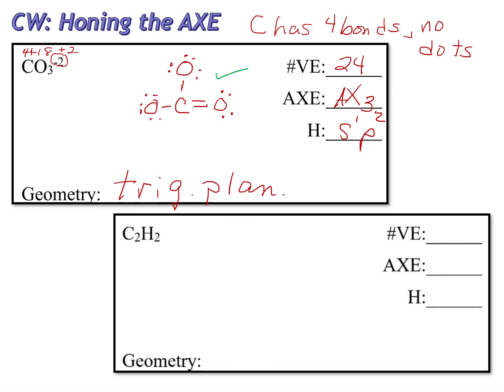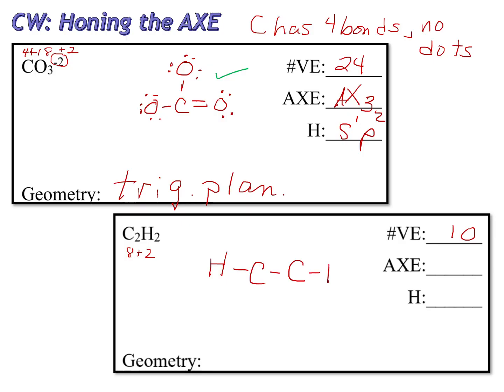Got another example. So we've got C2H2. We've got to add up the valence electrons first. So we've got 8 from the 2 carbons, plus 2 more from the 2 hydrogens, so 10. So we put the 2 carbons in the middle. Attach the 2 hydrogens.